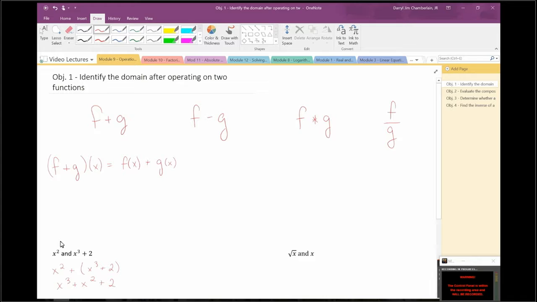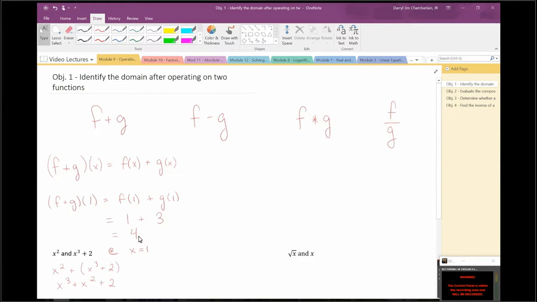Or let's say I wanted to add these functions at x equals 1. Well, what I would do is figure out what each function is separately at 1, and add them together.